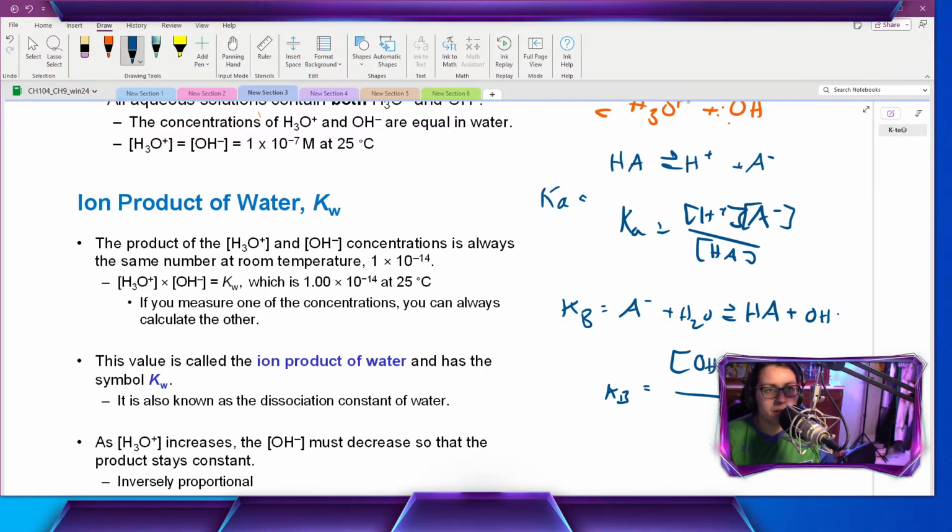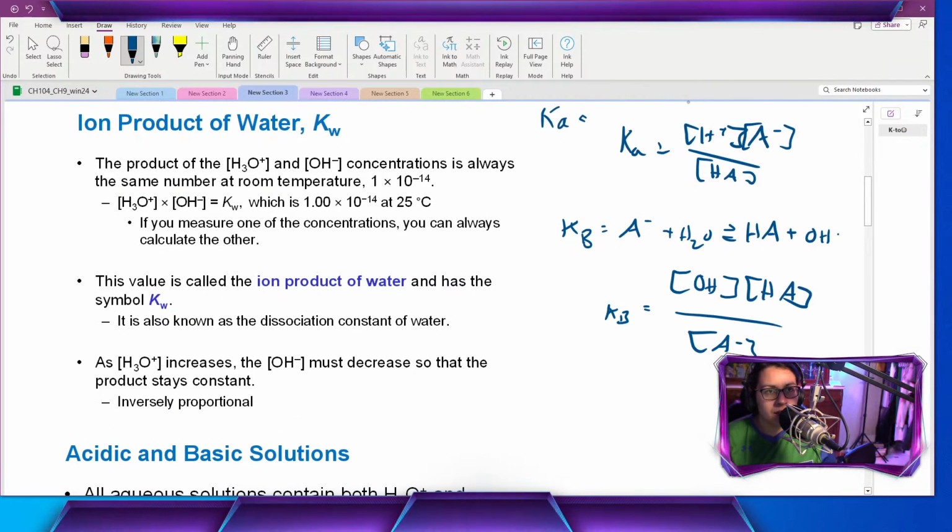This could just be base as well; I picked this to match A-. And so now, if we do Ka times Kb, this is equal to Kw. Let's prove that.